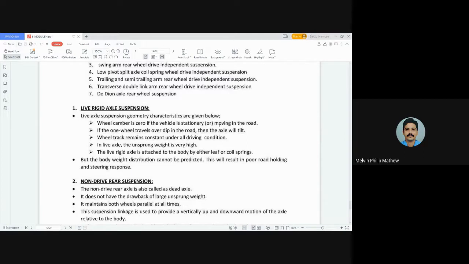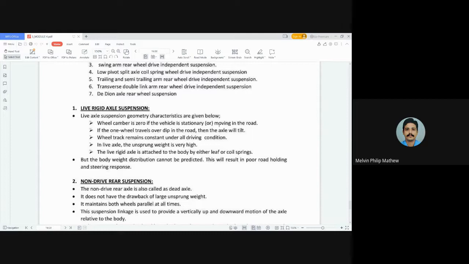It doesn't move. We are controlling only the wheel track that is present at the front wheels. The turning action is done by the front wheels, while the rear wheels do not incline or turn; only the front wheels turn for turning of the vehicle.